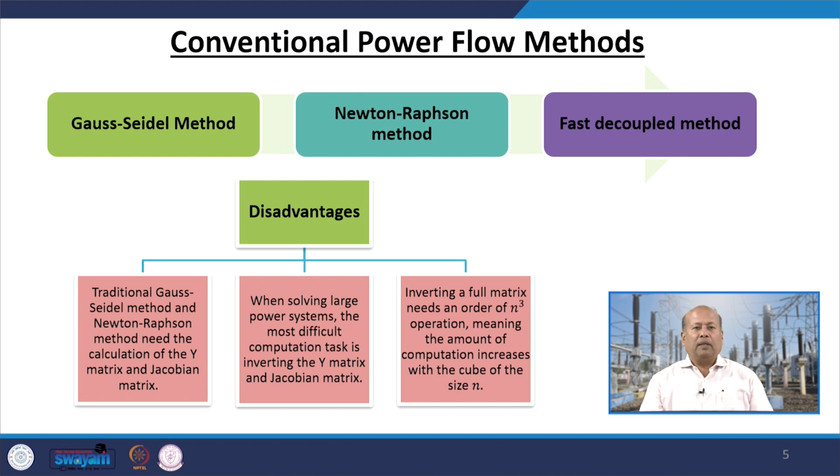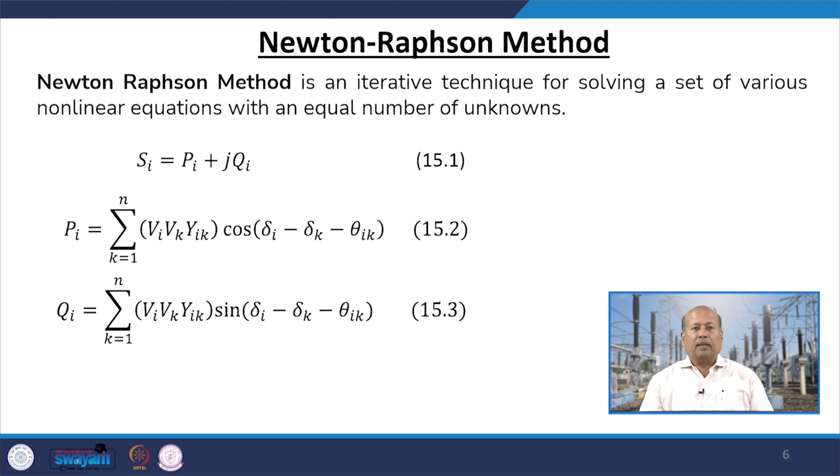When solving a large power system, the most difficult computation is the Y matrix and the Jacobian matrix and their inversion. Inverting a full matrix needs an order of n to the power 3 operations, meaning the amount of computation increases with the cube of the bus size n.